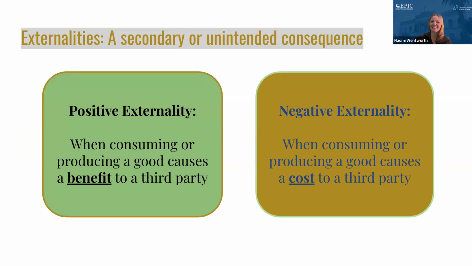So externalities, kind of a weird word, but I'm sure you guys have heard this before. It just means a secondary or unintended consequence of some action or producing a good. So it can be positive and negative. Positive externalities are when consuming or producing a good causes a benefit to a third party. Negative would be producing a cost to a third party.